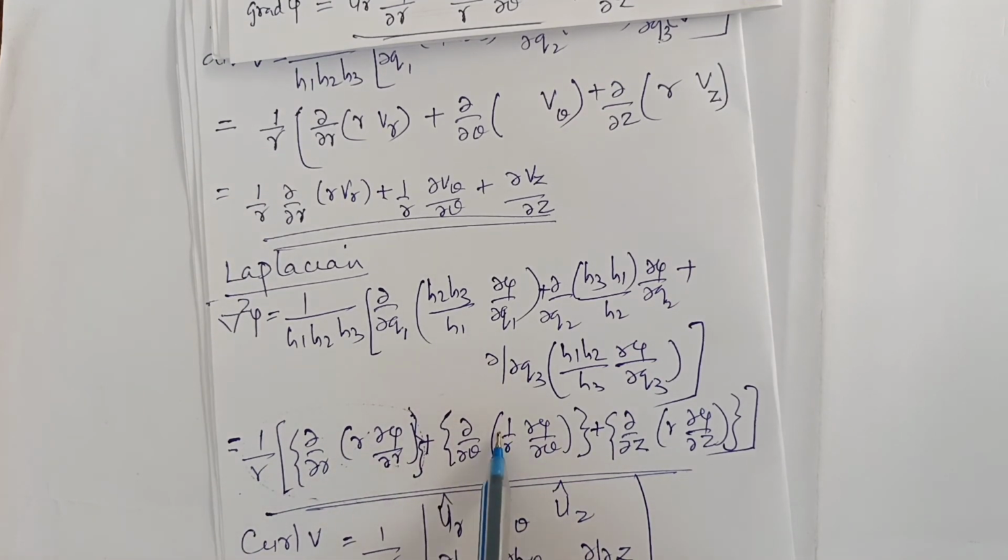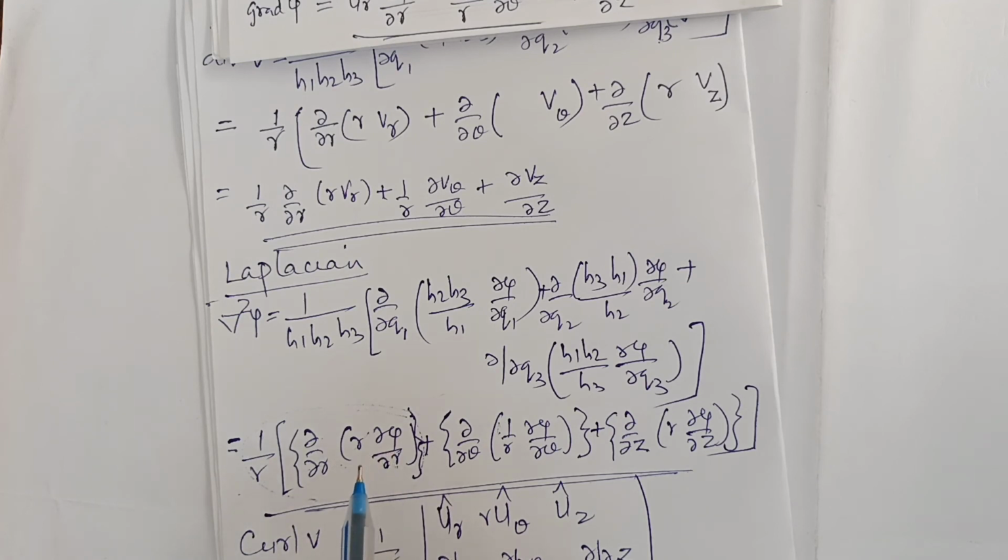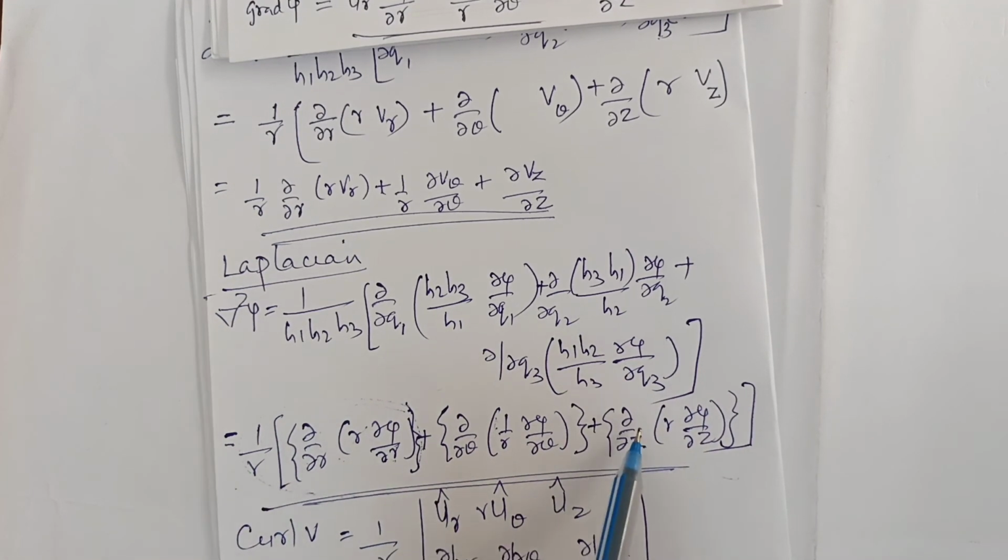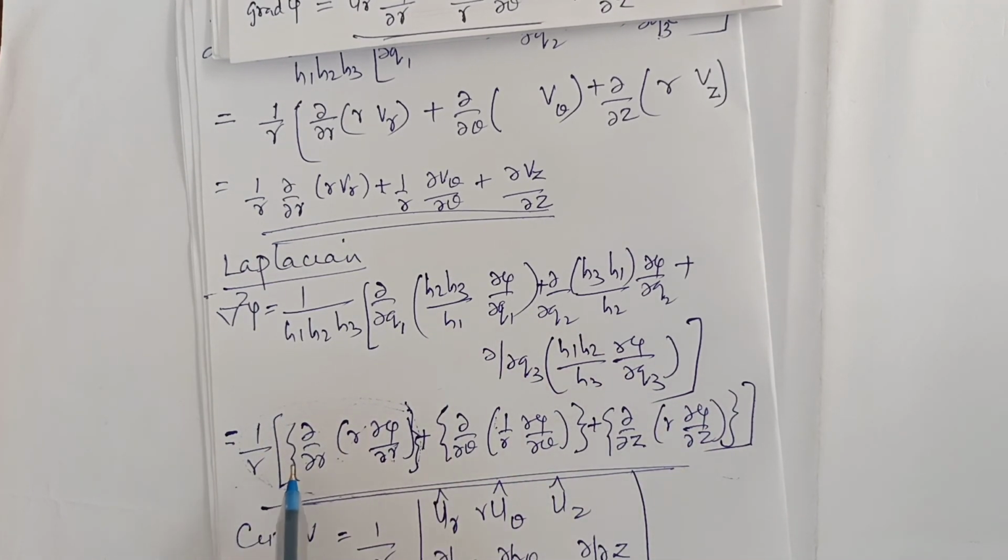Plus again we have substituted dou by dou theta of 1 by r into dou psi by dou theta. Sorry, I was just telling only about the first term. The r and r will not get cancelled here. See, 1 by r is common for all the terms.